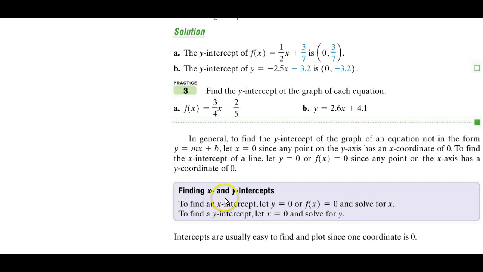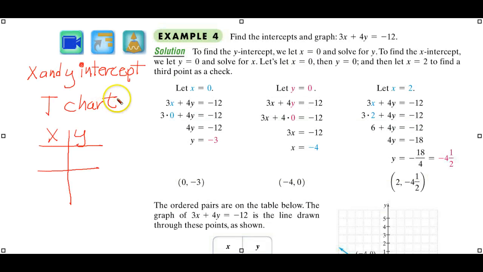Now we have one of the intercepts, the y-intercept. We're looking at how to get the x-intercept also. And I will show you that on the next page. Now for this, I like to use this little thing called the x and y intercept t-chart. So this is a t-chart, and we put a 0 under the x here, and then next one down, a 0 under the y.